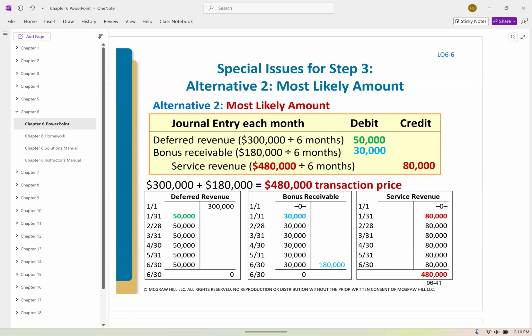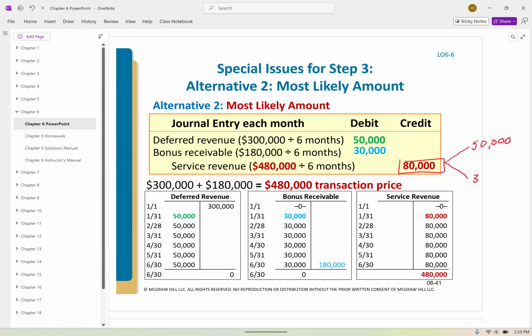Okay. We've already made the journal entry to get the cash for the 300,000. Okay. So let's kind of break it down. We're looking at adjusting that first. And this 80,000 is part of the adjustment of 50,000.